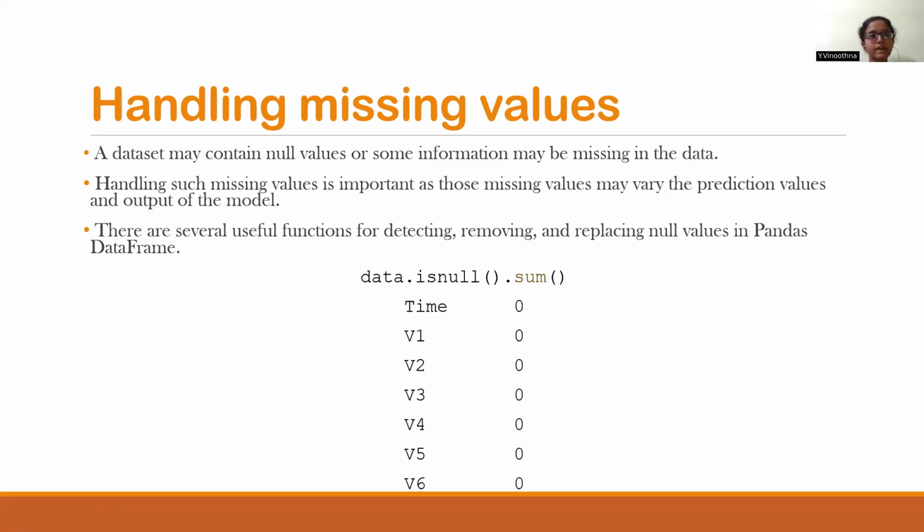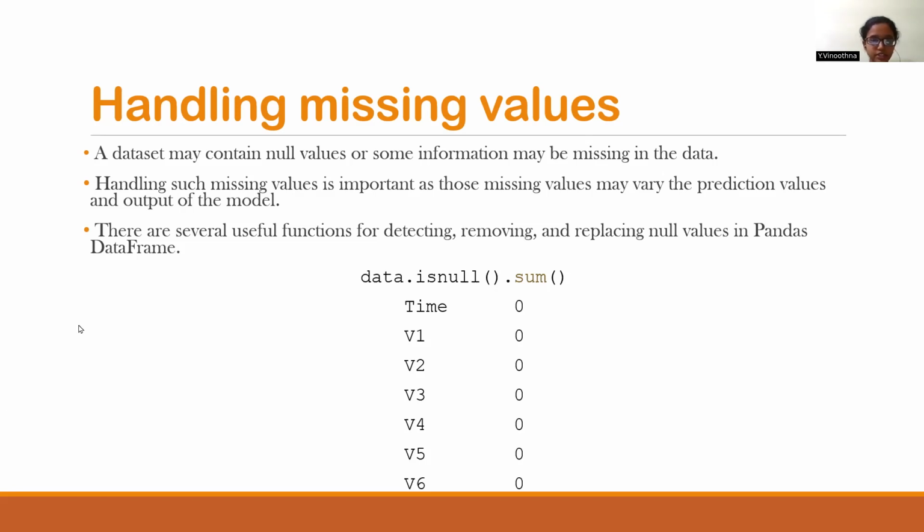Handling those missing values is important, as they may vary the prediction values and the output of the model. So we can detect the missing values in the dataset by using the isnull function, which is provided by the pandas data frame.